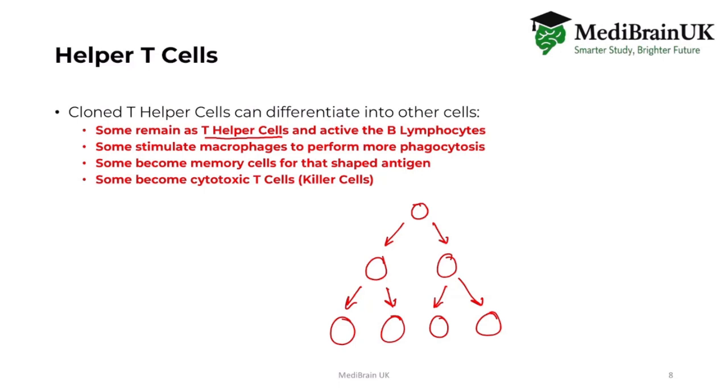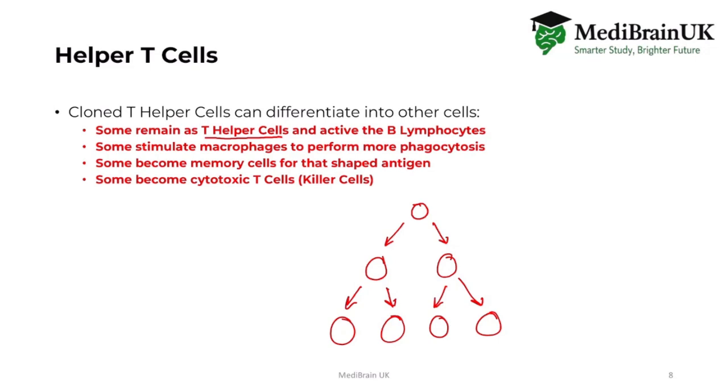There might not be just a little bit of pathogen, there might be a lot of pathogen within your body, so more phagocytosis may be needed. Some of them will become memory cells for that specific shaped antigen, and some of them will become cytotoxic T cells. Cytotoxic T cells we're going to look at on the next slide.